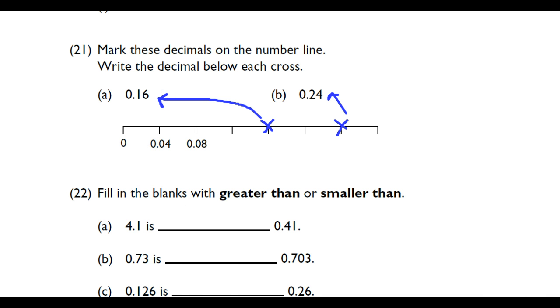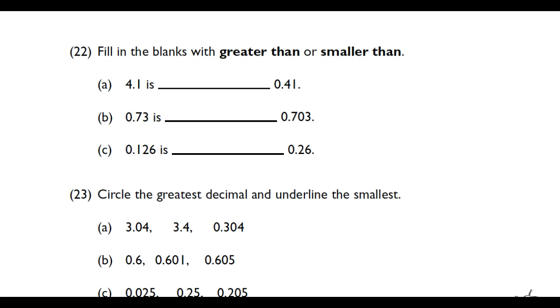Now take a look at number 22. Greater or smaller. Now 4.1, there's the figure 4 in the ones place. Definitely this is greater than 0.41. Now 0 point something, and this is 0 point something.